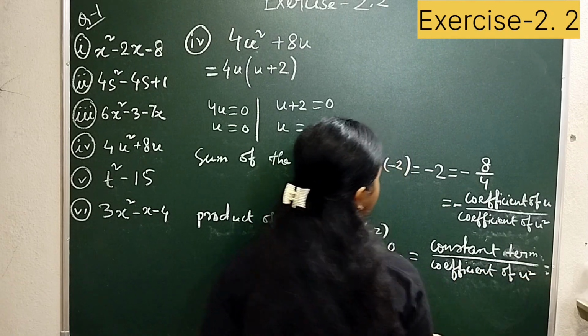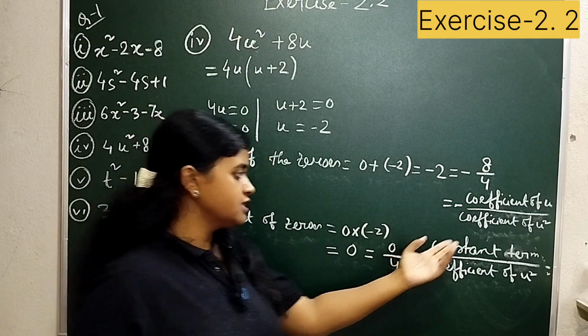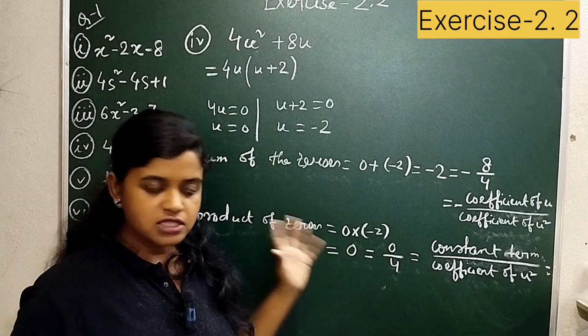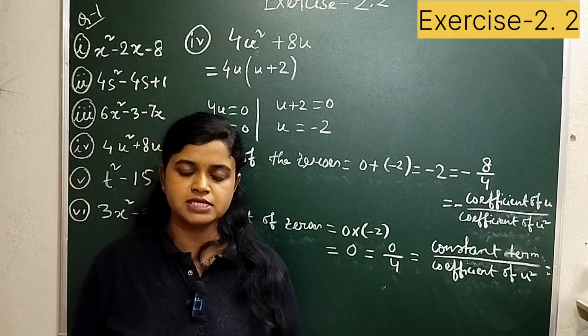So this is the zero of the polynomial, and these are the coefficients of the polynomial. So this is the relationship between zeros and the coefficients of the polynomials.